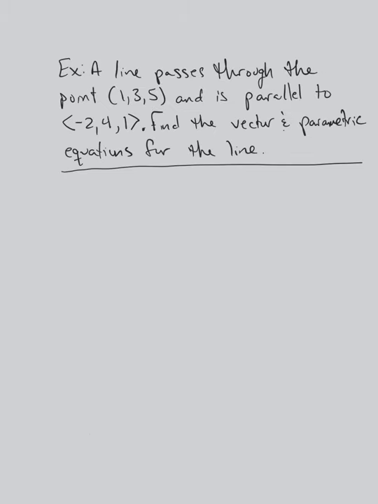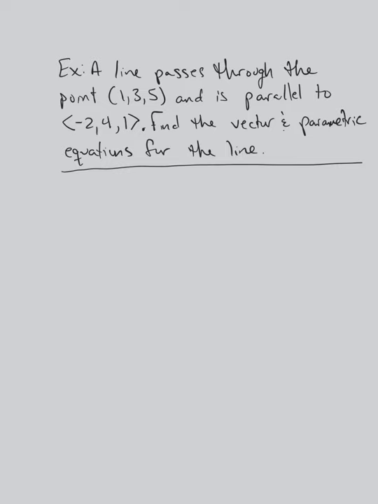So let's look at an actual example. This one's pretty basic, just making sure we know how to plug into the equation. A line passes through the point 1, 3, 5 and is parallel to the vector negative 2, 4, 1, and we want to find the vector and parametric equations for that line.